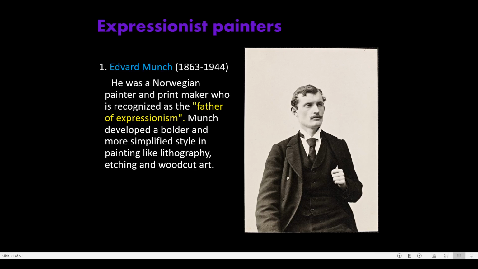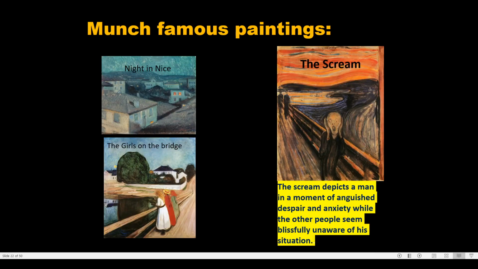His painting, The Scream, depicts a man in a moment of anguish, despair, and anxiety, while the other people seem blissfully unaware of his situation. Here are some of the most famous paintings of Munch: Night in Nice, The Girls on the Bridge, and The Scream.